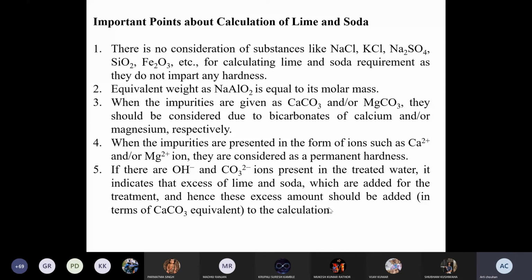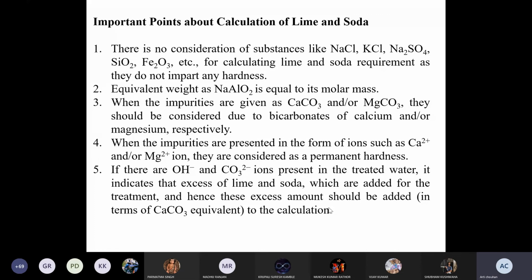Third, when the impurities are given as carbonates like calcium carbonate and magnesium carbonate, they should be considered as due to bicarbonates of calcium and magnesium, as if they are causing temporary hardness. If carbonates are given, you have to consider them as causing temporary hardness.